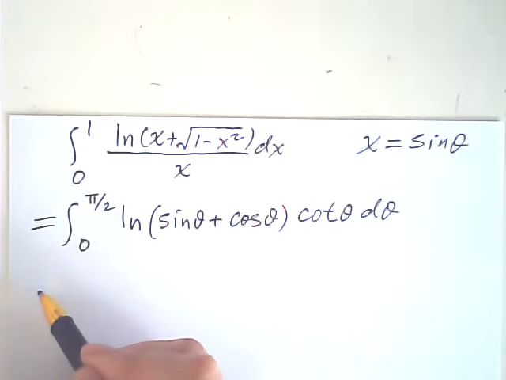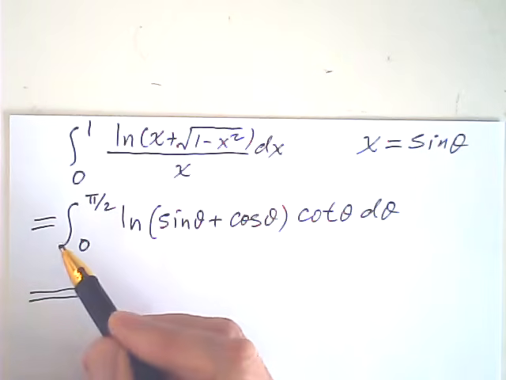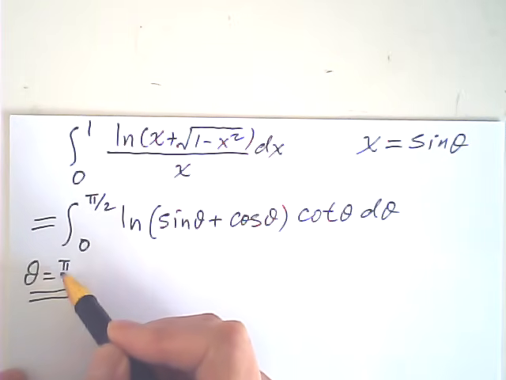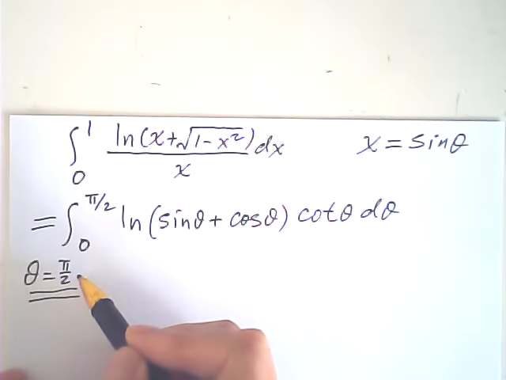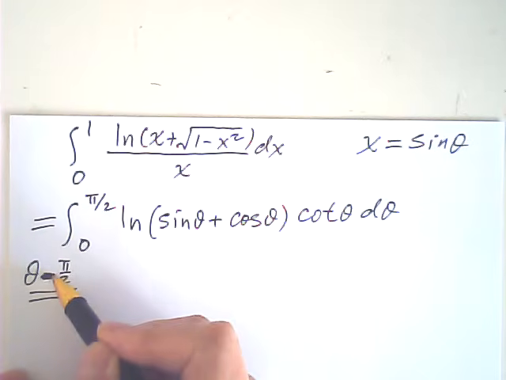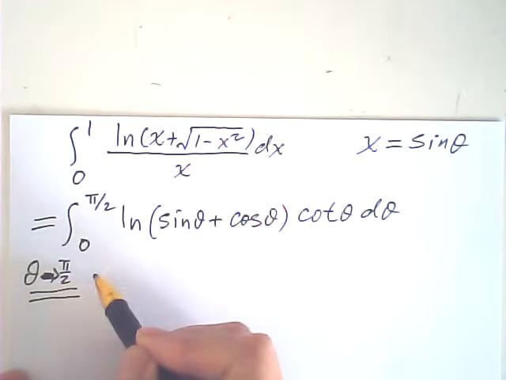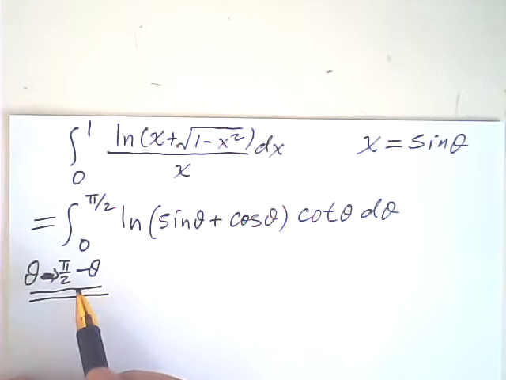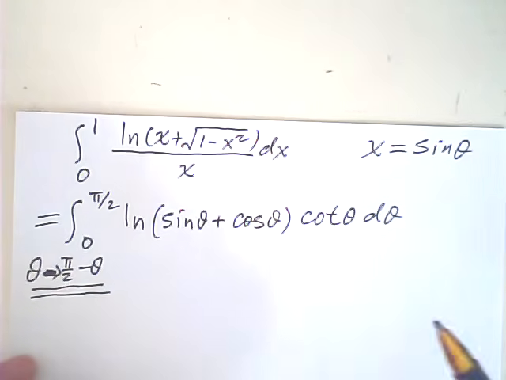Then I'll let theta be half pi. Let me change theta for half pi minus theta. Replace theta by half pi minus theta.